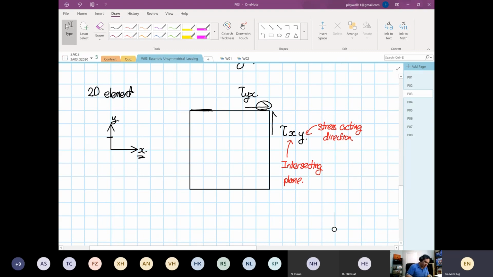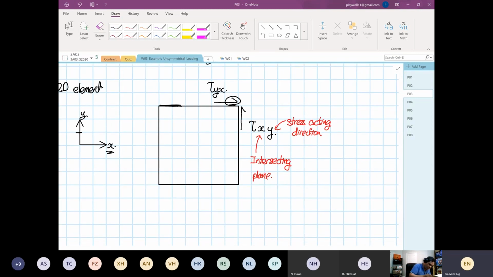To achieve structural equilibrium, we know that the shear xy is equal to the shear yx. On the other side, you have the stress acting in the other configuration. Right now, I'm not going to teach positive or negative shear yet. We'll leave that to later. But this is how the shear stresses are acting.